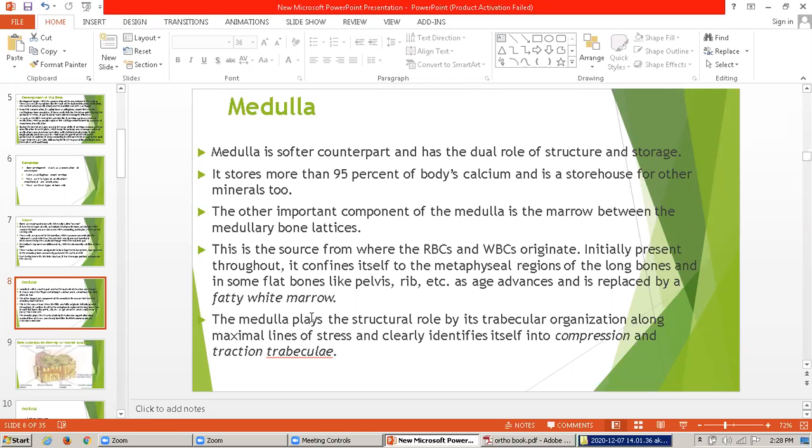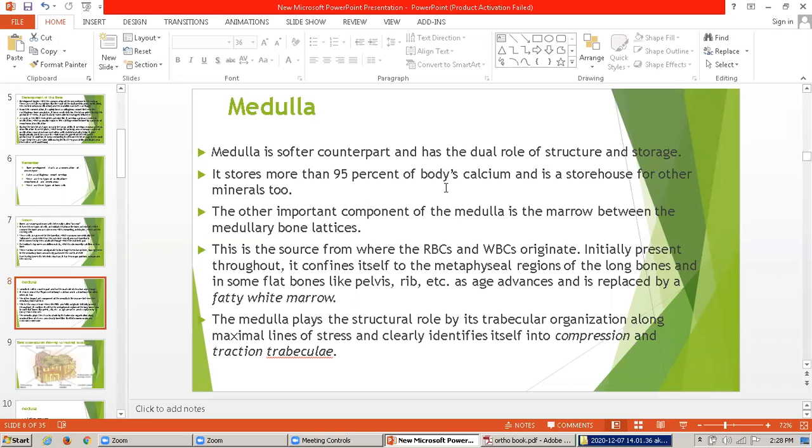The medulla plays a structural role by its trabecular organization along the maximum lines of stress and clearly identifies itself into the compression and traction capability. So, when we study the medulla, firstly, medulla is a softer counterpart, with a dual role in structure and storage.